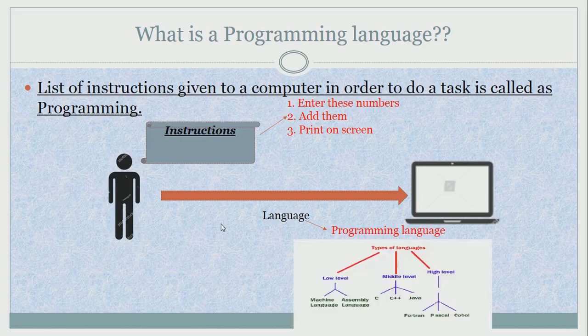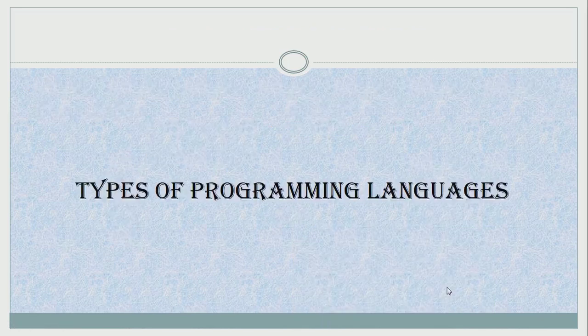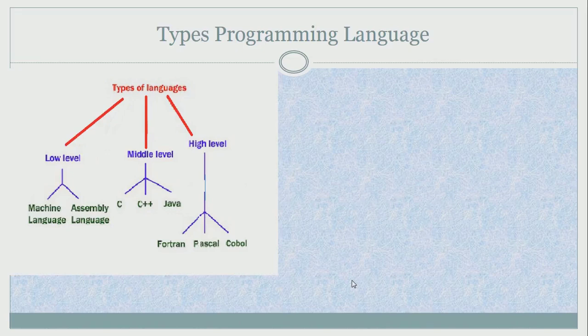Programming languages are basically divided into three types, as you can see on the screen: low-level language, middle-level language, and high-level language. So let's look in detail at the three different types of programming languages and their examples. First, we have the low-level language. Low-level languages are easy for computers to understand, but difficult for humans, as you can see on the screen.